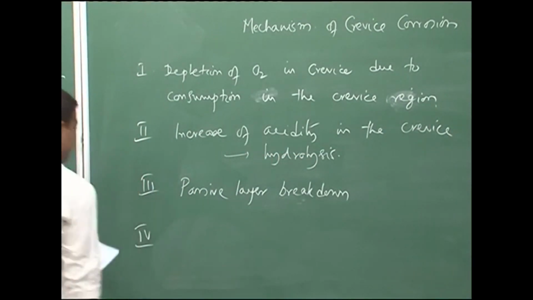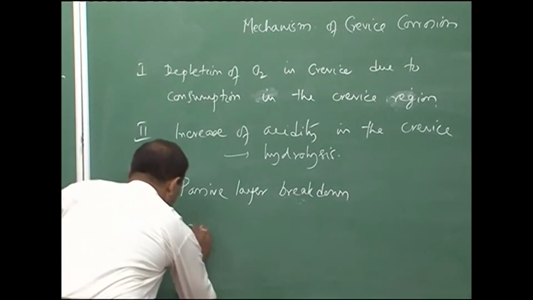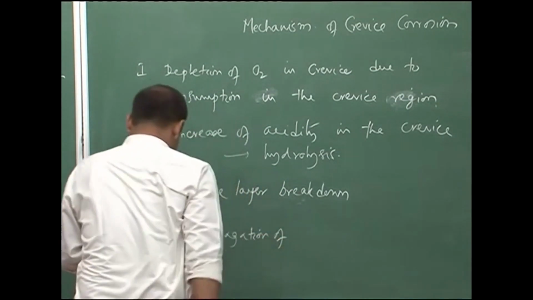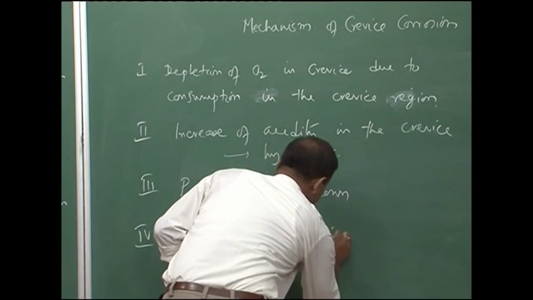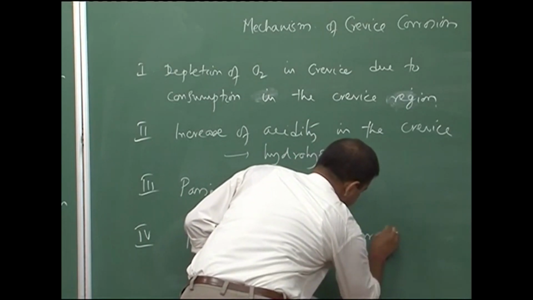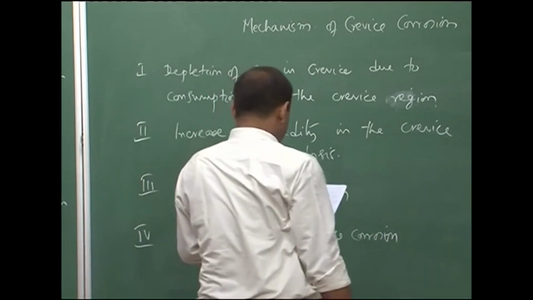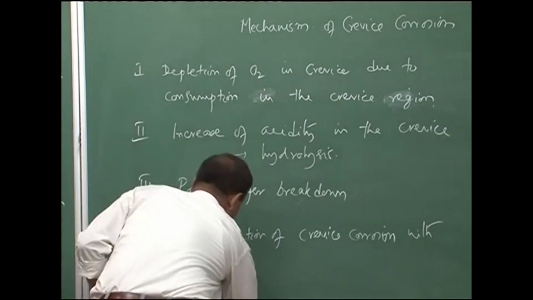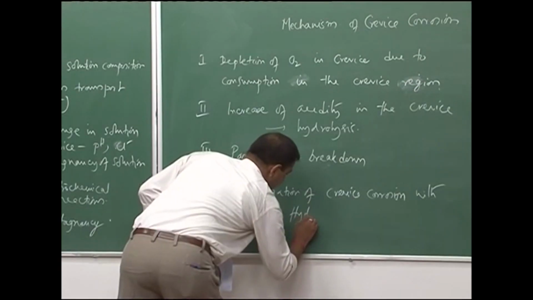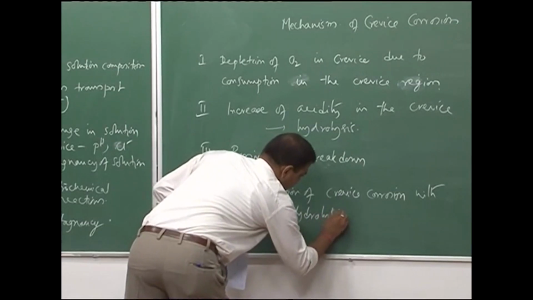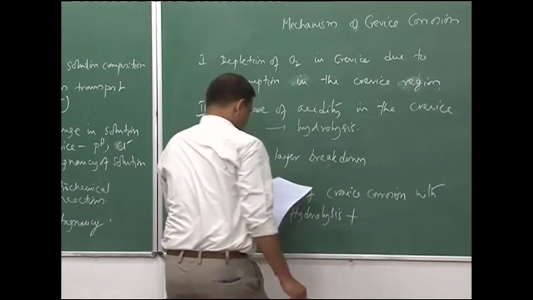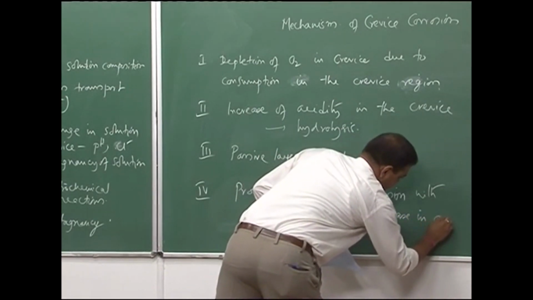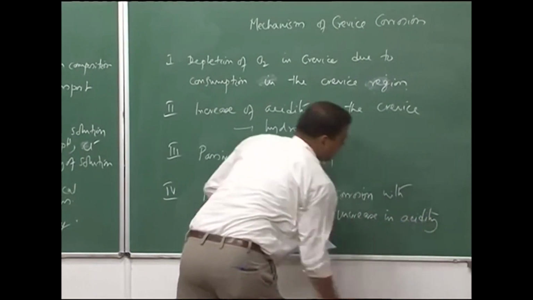Now, fourth one is the propagation of crevice corrosion with further hydrolysis, with added hydrolysis plus increase in acidity.